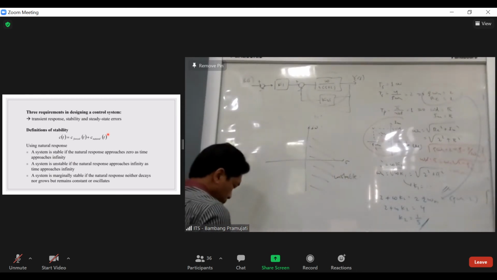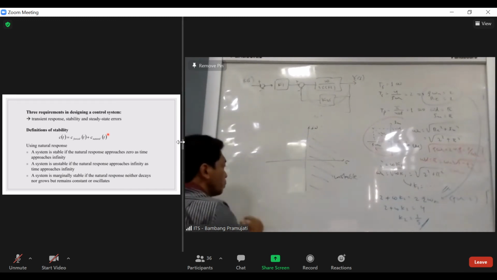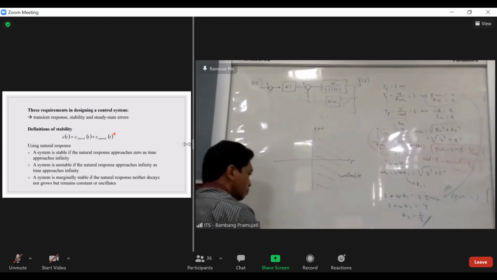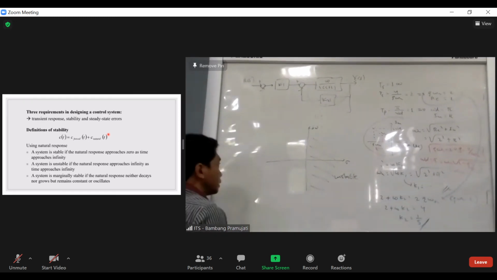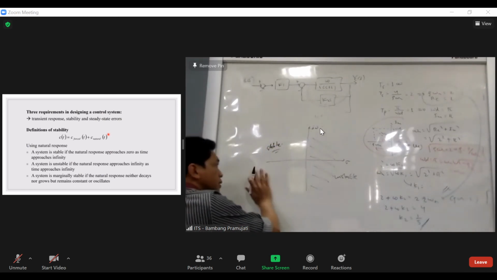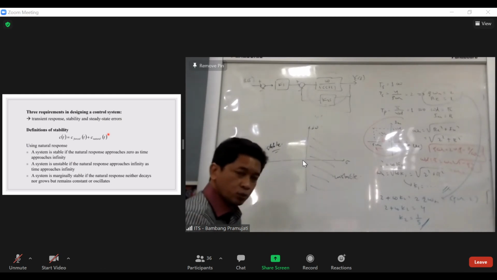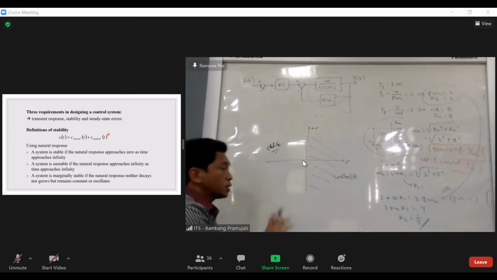In order to have a stable system, then all pole, semua pole harus berada di kiri, ya. Ini baru kita akan punya stable system. Kalau semua pole di kiri, satu saja di kanan, ya ini ingat kata-kata kuncinya, satu saja di kanan, sistemnya nggak stabil. Tapi kalau mau stabil semua di kiri.